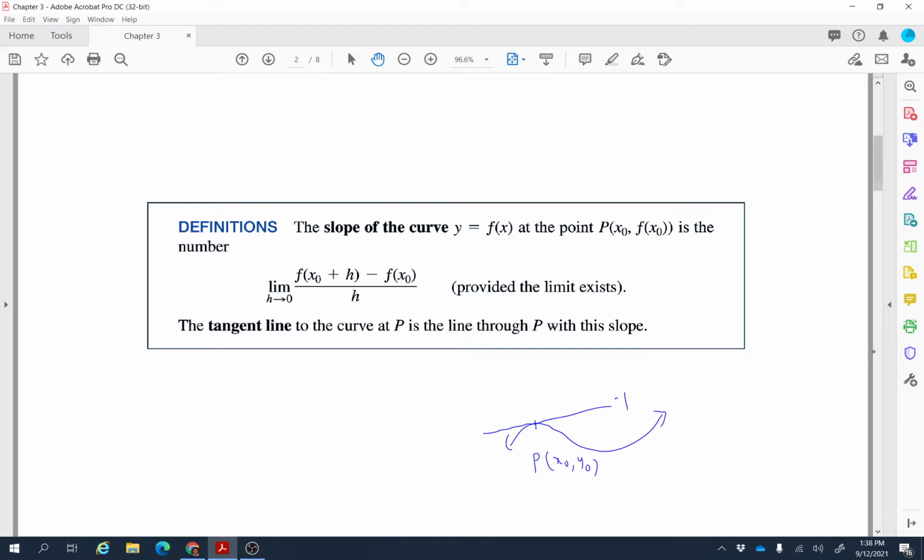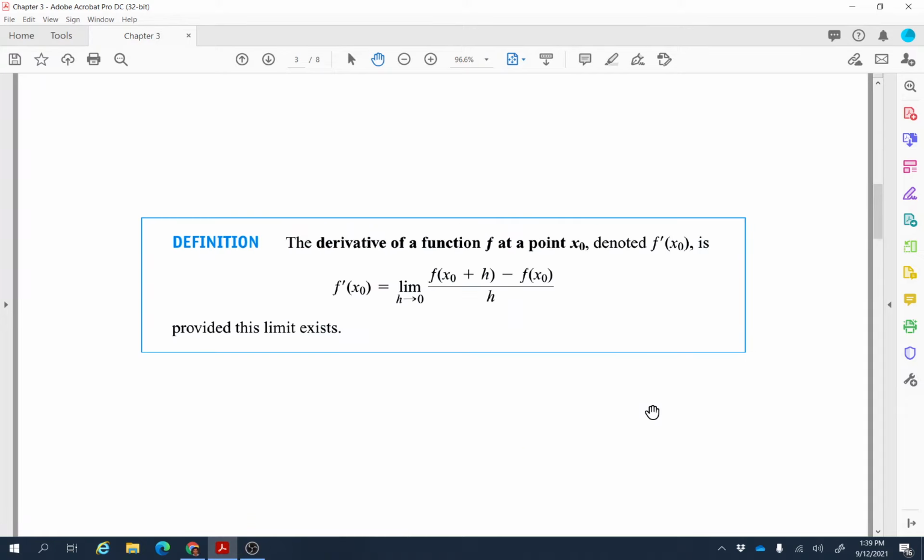This line, say t, can be found by finding this limit. If you cannot find this limit, that means finding the slope of this tangent line is not possible. Now, by using that information, we can define the derivative.